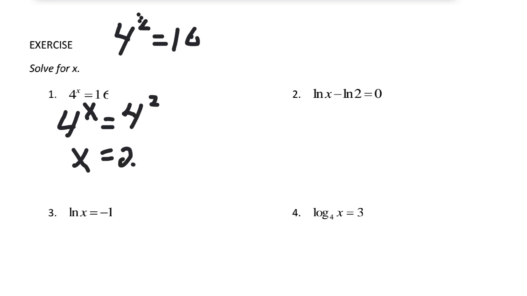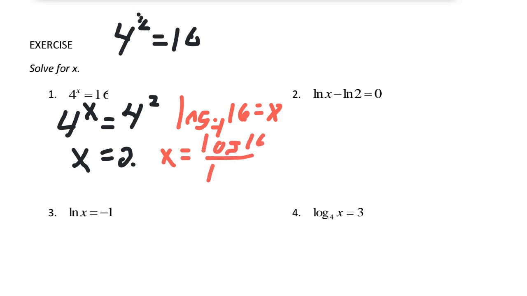You could solve that by changing it to a logarithmic function and using the change of base formula, but this is so much easier this way. The other way would be log base 4 of 16 equals x, which means x equals log 16 over log 4. And when you do that in your calculator, you're going to get 2, which you got over here.